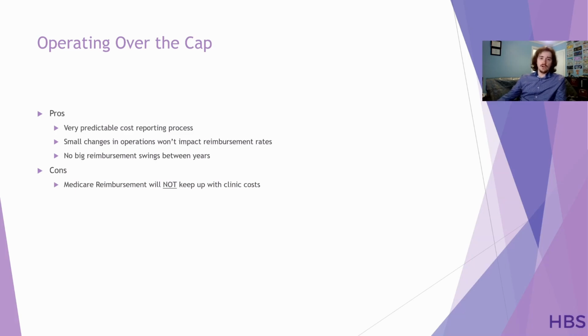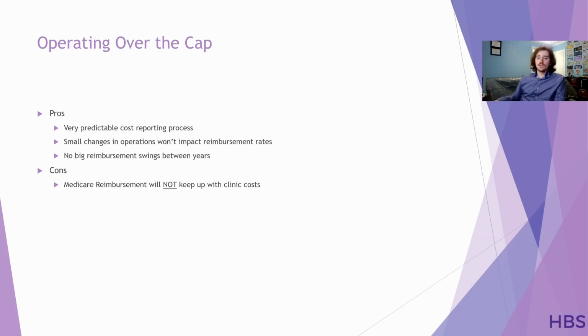The first thing I want to point out and make sure everyone understands is that this is not a choice that you make. This is just the situation that your clinic is going to find itself in based on comparing the clinic's cost per visit to what the cap currently is. So, operating over the cap is what most clinics for a large amount of the history of the RHC program have been doing.